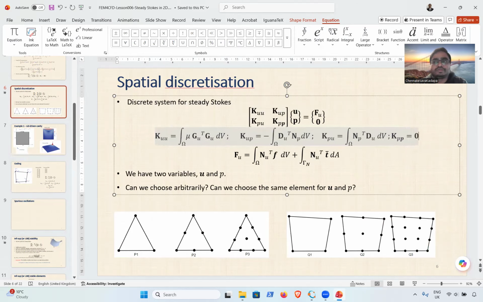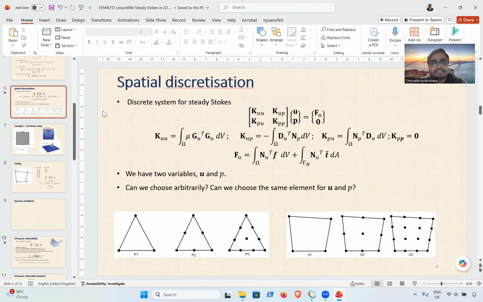It is a matrix, so a 0 block. So KUP is a 2 by 2 block matrix, and here the KPP matrix is 0. Like 0 means it has all zeros, and it is helpful to write it in this fashion so that we can easily extend it to other problems, like when we add stabilizations. So first I'm going to show you the code for the stiffness matrix.